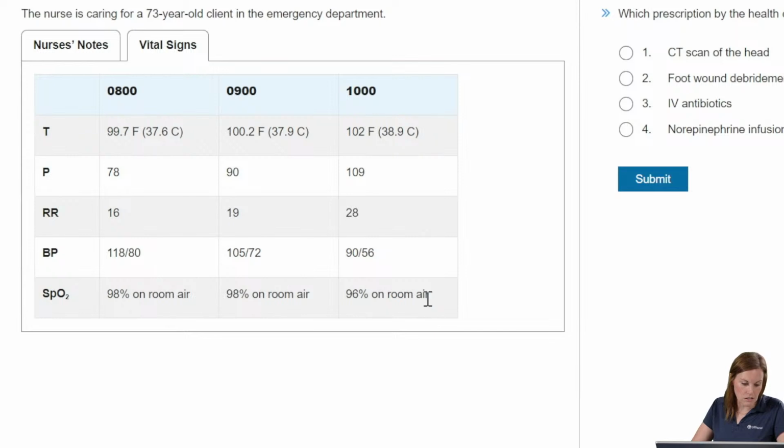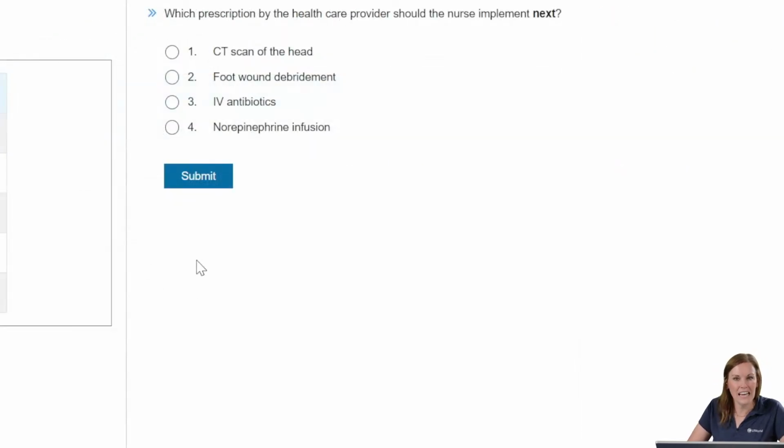Our oxygen is also dropping a little bit too. So knowing all of this, what this is screaming to me is infection, probably some sepsis, especially with these vital signs. So let's move over to the other side of our screen and see what our question is.